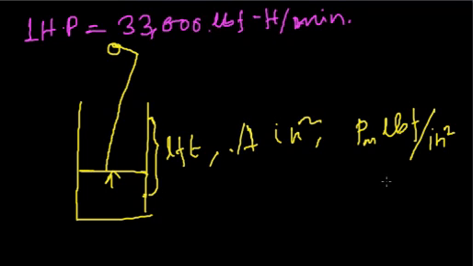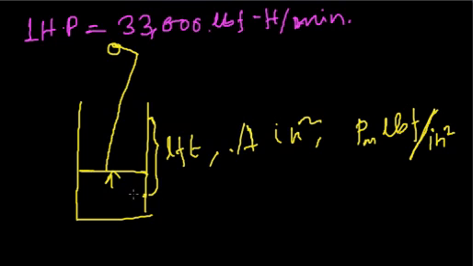Okay, pound force is actually force, isn't it? Pound into gravitational acceleration. So this is a force, and when we actually calculate pressure, we divide it by area. So pm is pressure, pound force per inch square. So now let's see how much work is done.